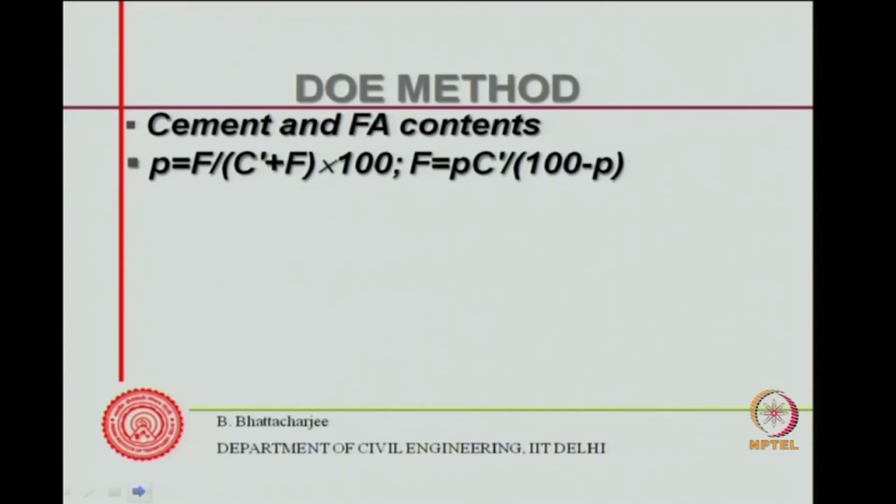First, you find P is given by C dash divided by C dash plus F into 100. So F can be written from this, because F can be expressed in terms of P, and F will be written as P by 100, right. So F divided by C dash plus F is given by P by 100.